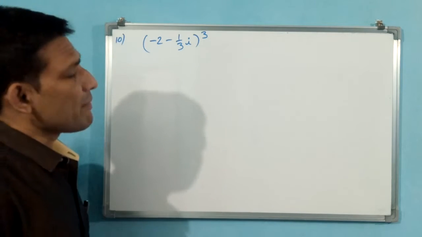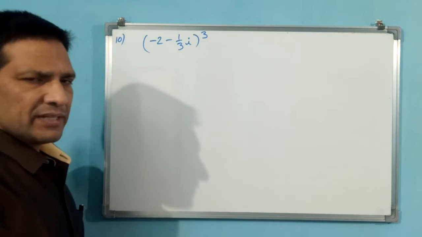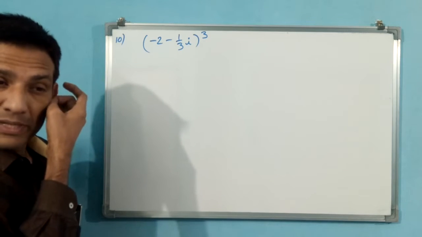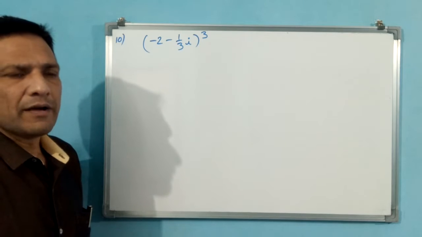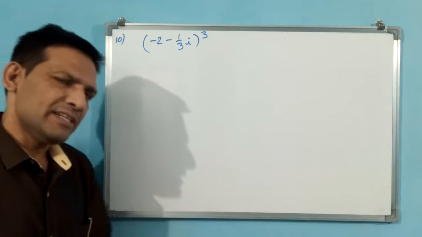I am taking (a + b) whole cube: a cube plus b cube plus 3a square b plus 3ab square.